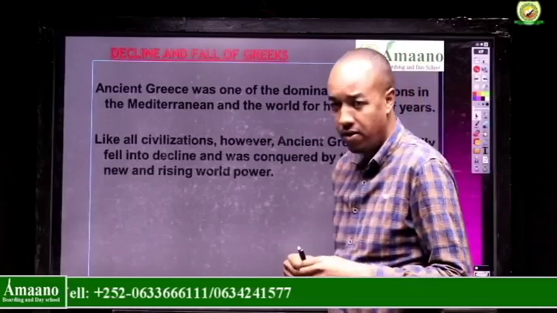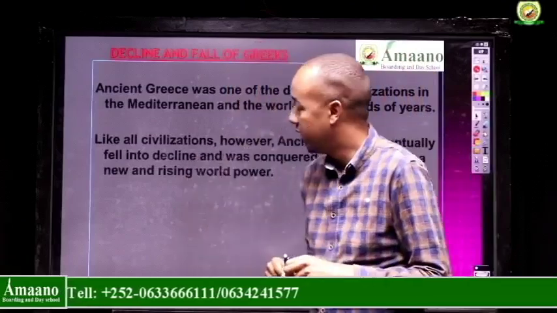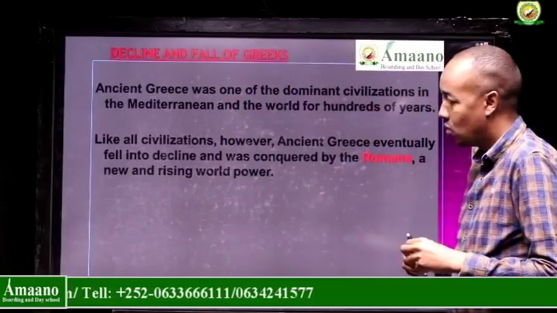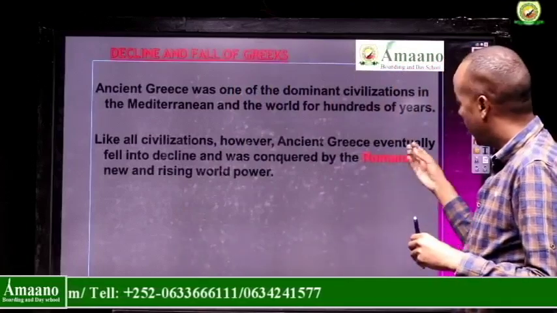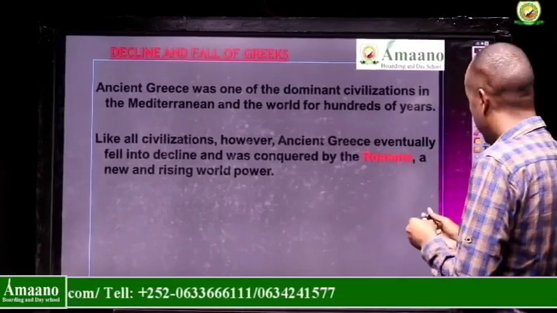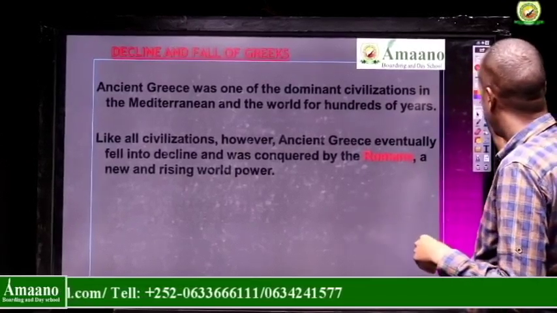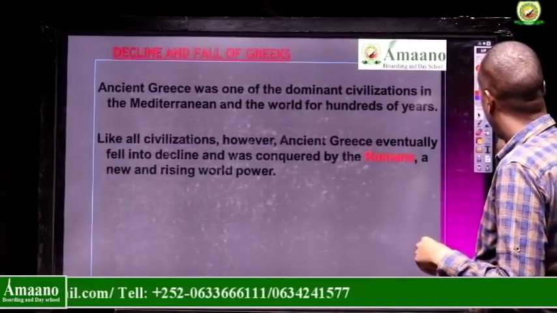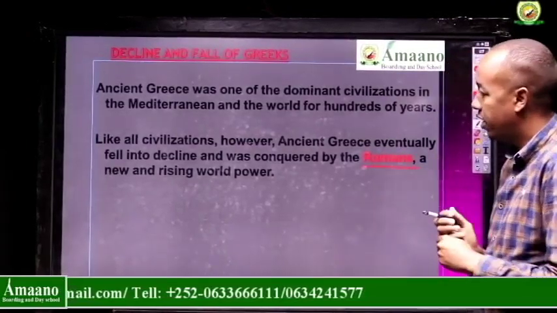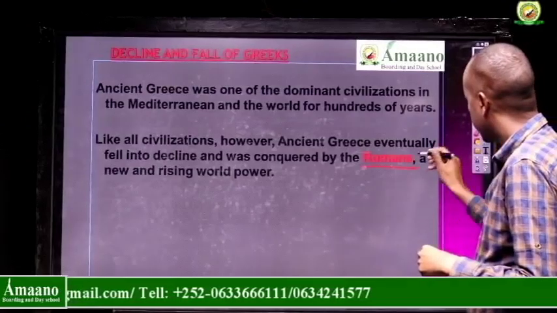So, as you can see from here, the fall of Greece was mainly caused by another empire that became more powerful than them, and that empire was called the Roman Empire. The Roman Empire was the one behind the decline of ancient Greece.